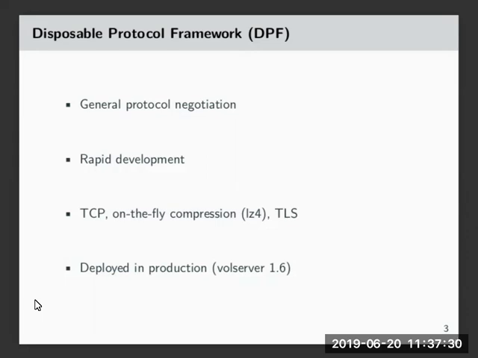This is deployed in production. This version of it is deployed in production at one site in a modified 1.6 to support this, specifically for the vol server service. There's also another site that runs a previous iteration of this general idea, but it's a different version of it, which we're going to be at some point migrating off of to this new framework.